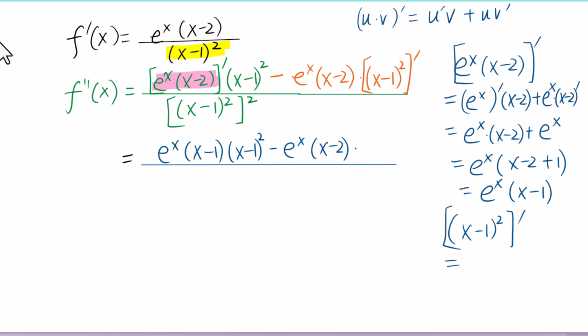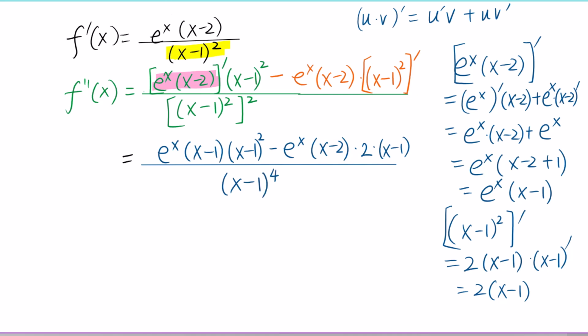Power rule first: 2 times (x minus 1) times (x minus 1)' equals 2 times (x minus 1). So times 2 times (x minus 1). Denominator (x minus 1) to the 4th power. Reduce first.